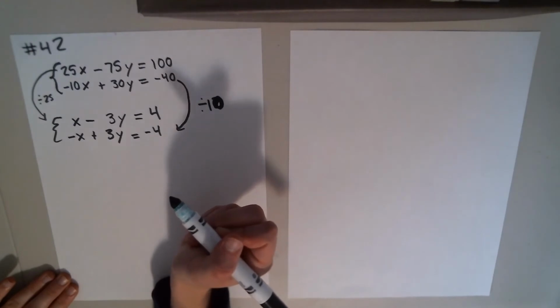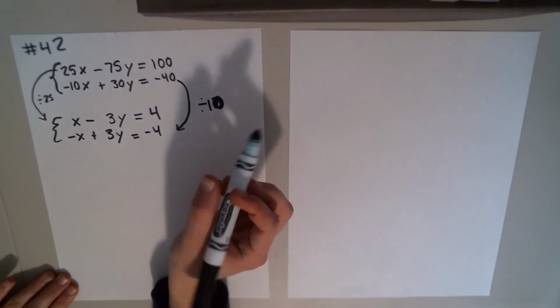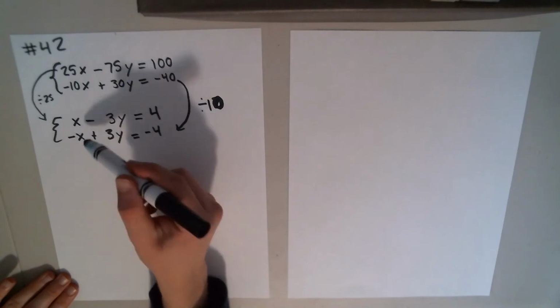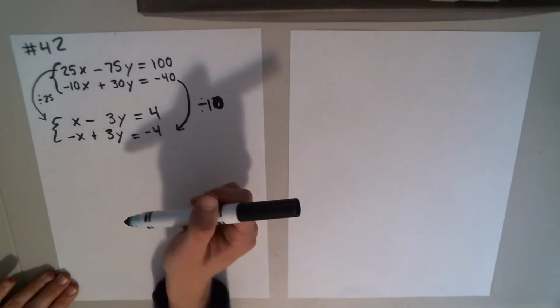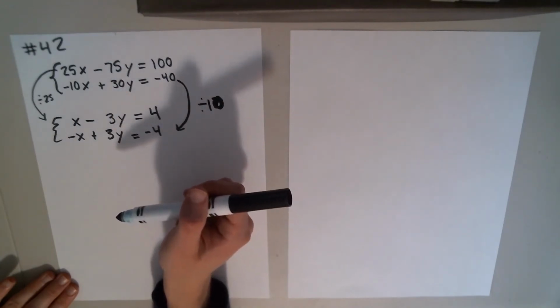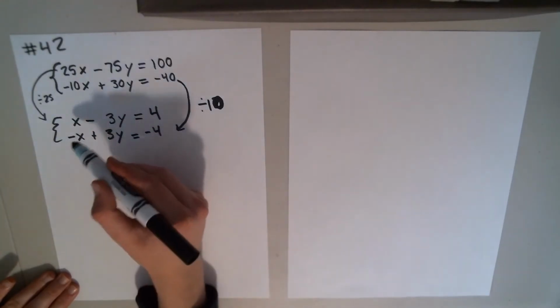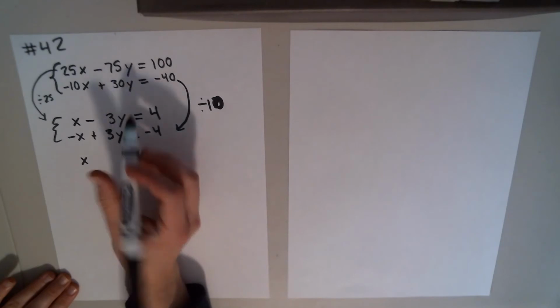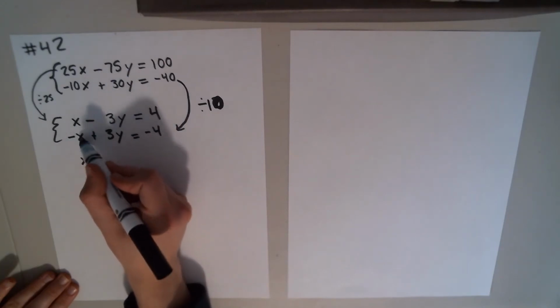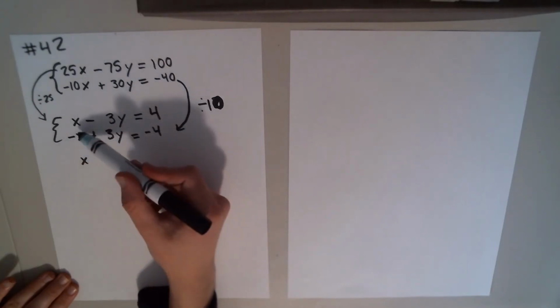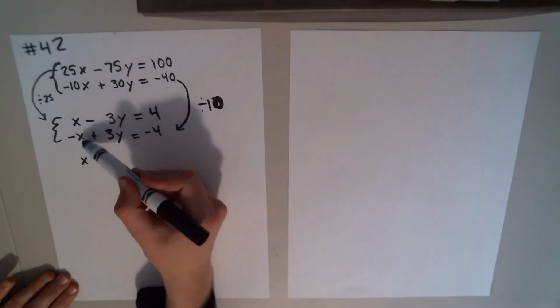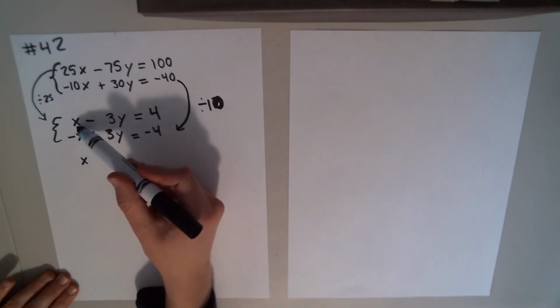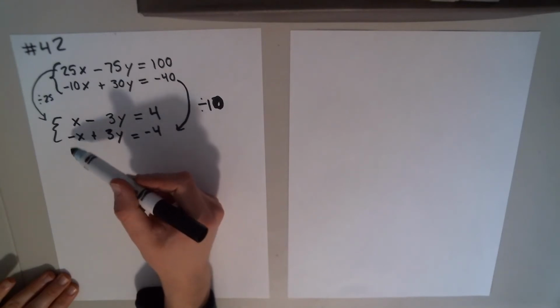Now you'll notice here, even just at this step, these two equations are essentially the same equation. But to see this a little more formally, we'll do an elimination, because this negative x here and this positive x here are going to be opposites of each other, right?